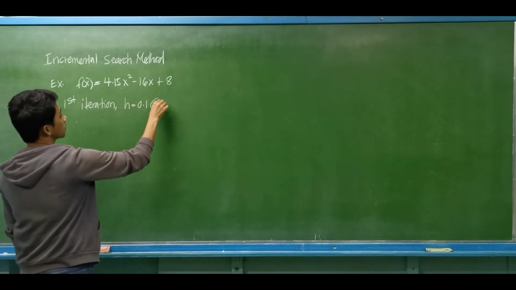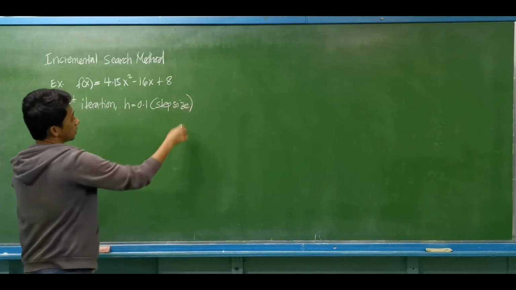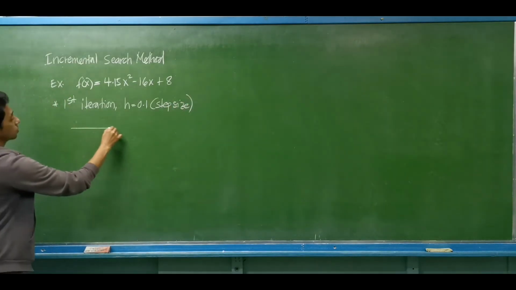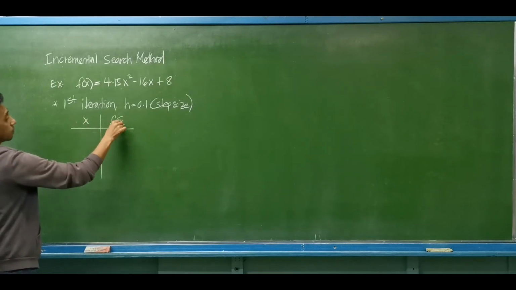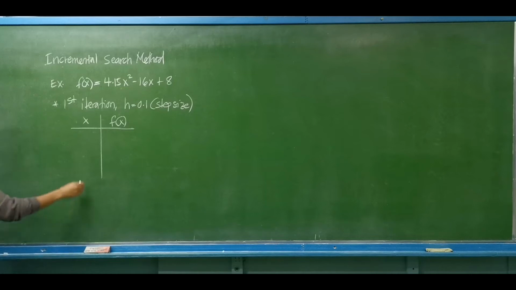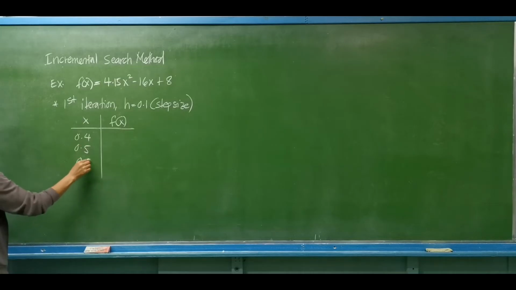This will be our step size. Then we assume values of x: starting at 0.4, plus 0.1 is 0.5, plus 0.1 is 0.6, then 0.7.